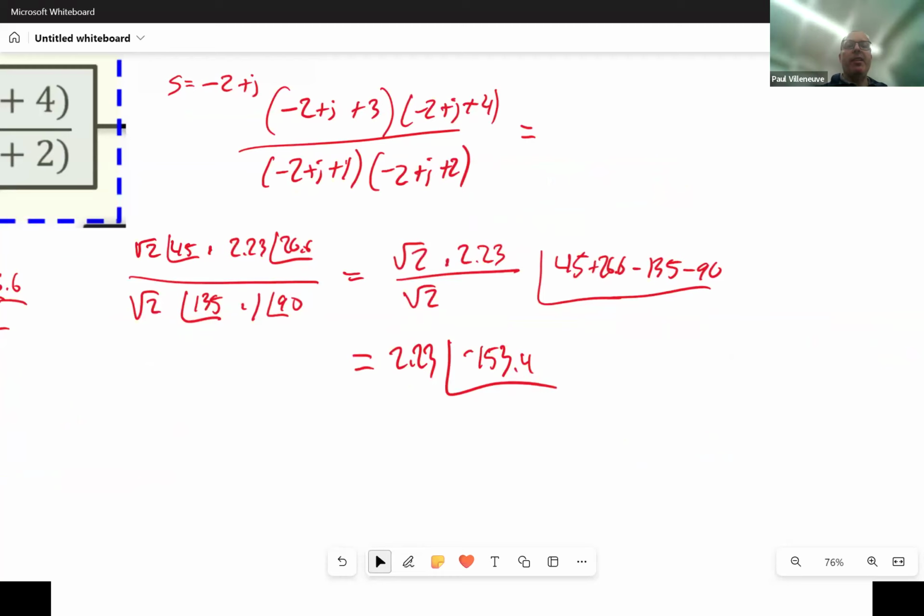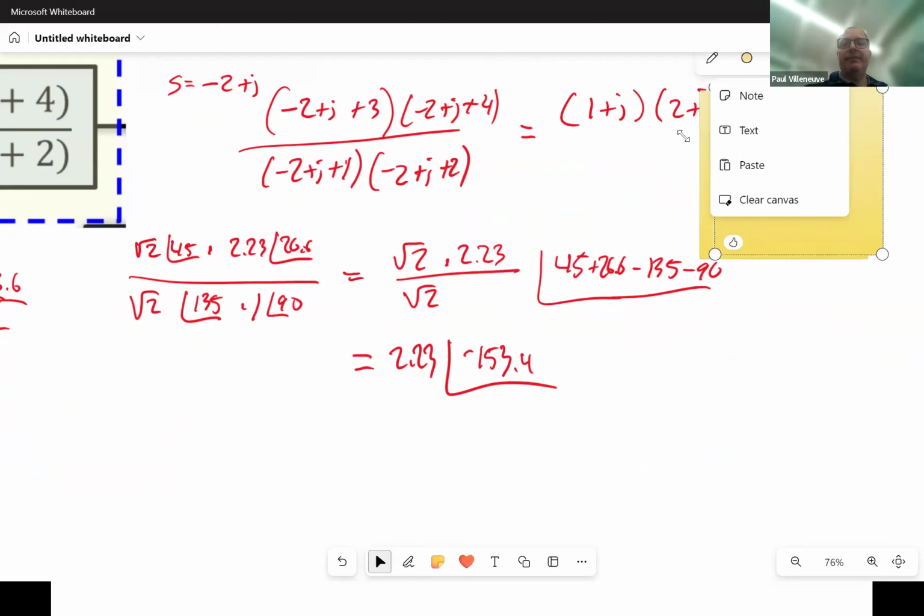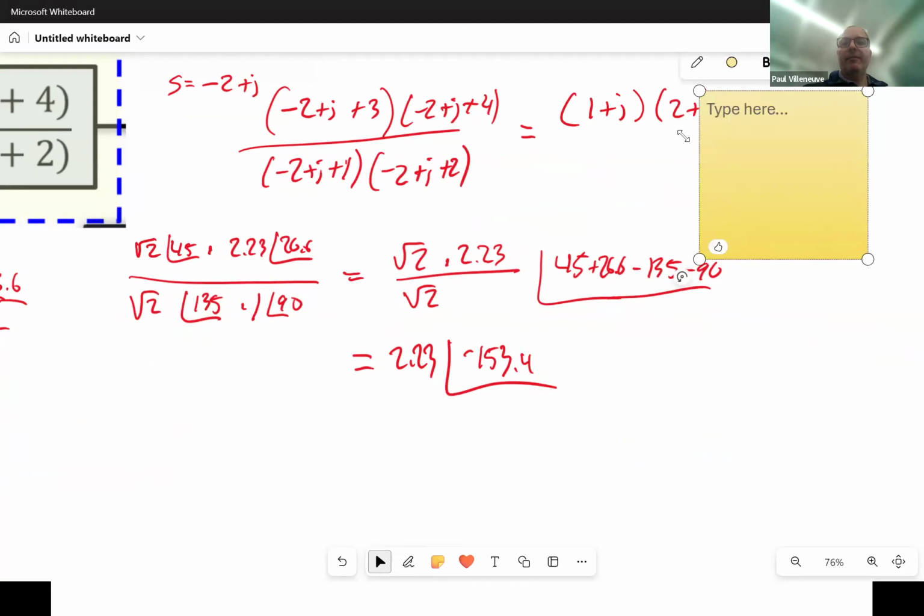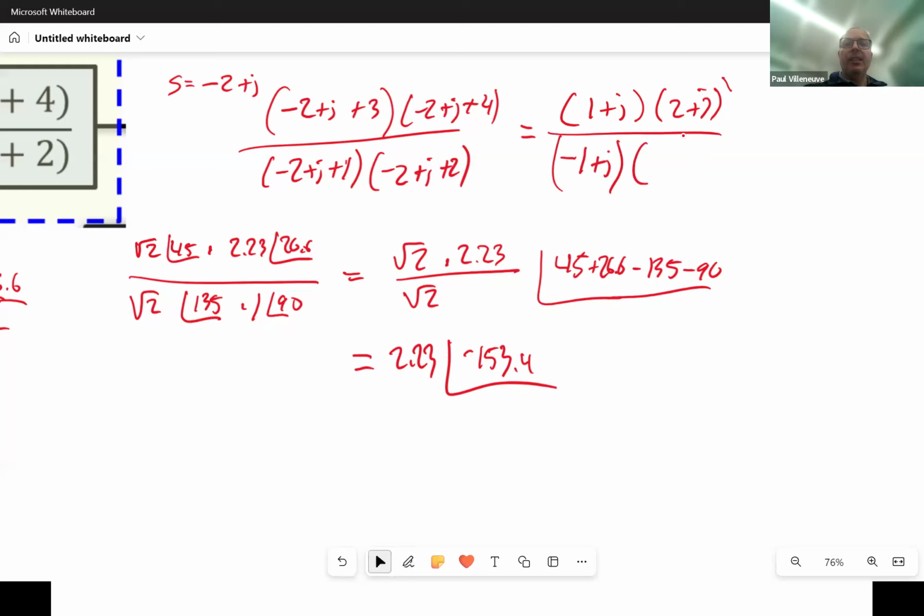And I don't know if this is any faster, it may or may not be. So 1 plus j times 2 plus j, boy oh boy, divided by -1 plus j times 0 plus j, right?